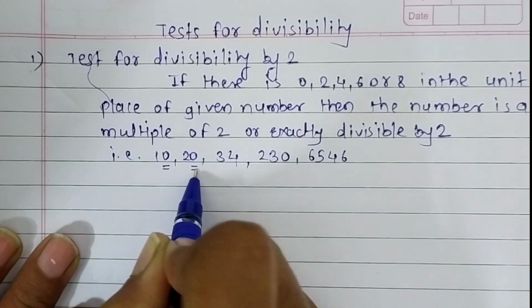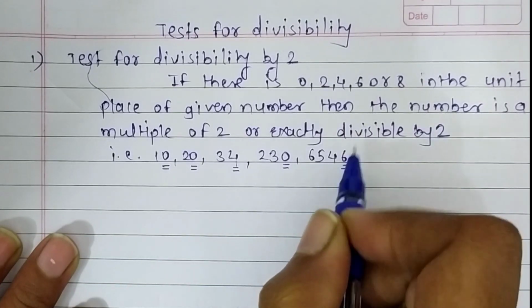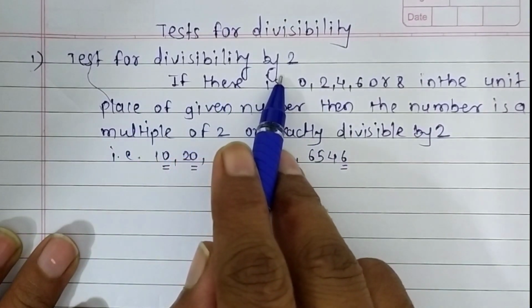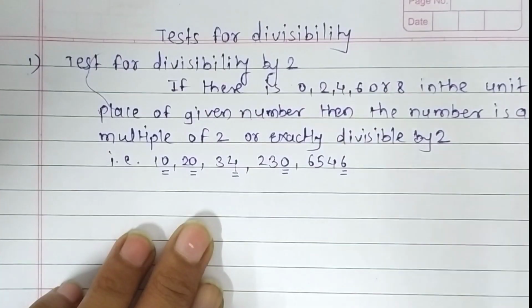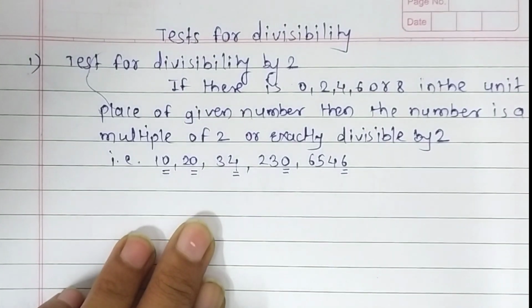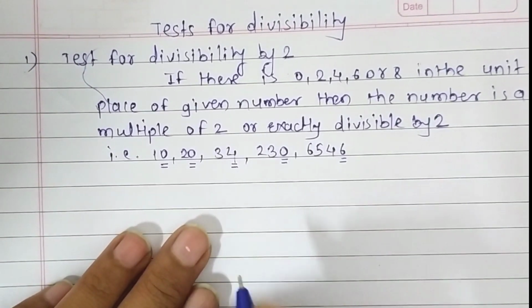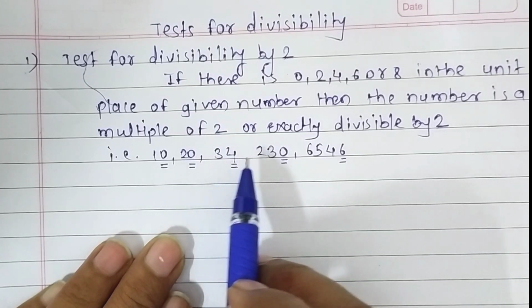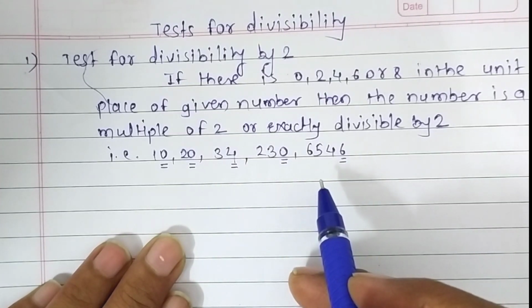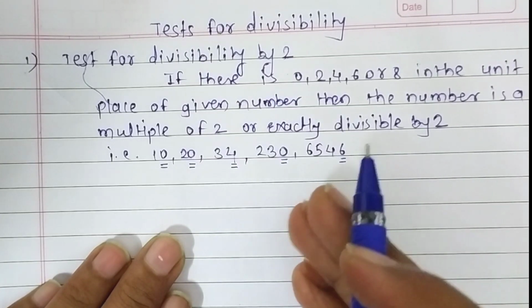You have to remember that each and every number's unit place is important to apply the divisibility test of 2. So we can say that these numbers are multiples of 2 or exactly divisible by 2. Now look at the unit place of these numbers. They have 0, 4, 0, 6. Such numbers are multiples of 2 or exactly divisible by 2.